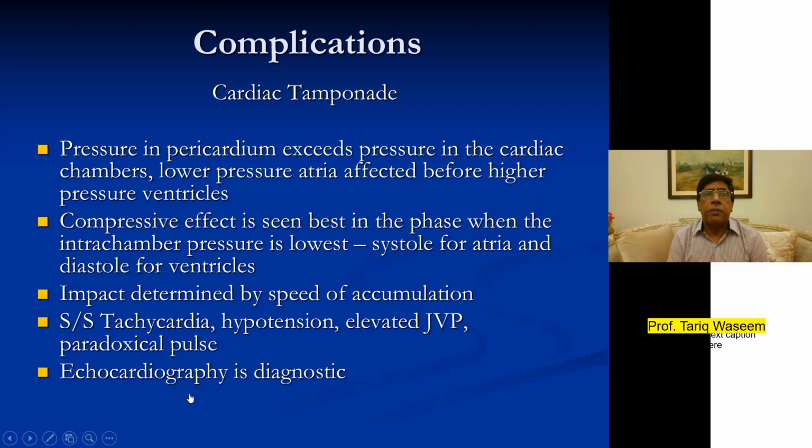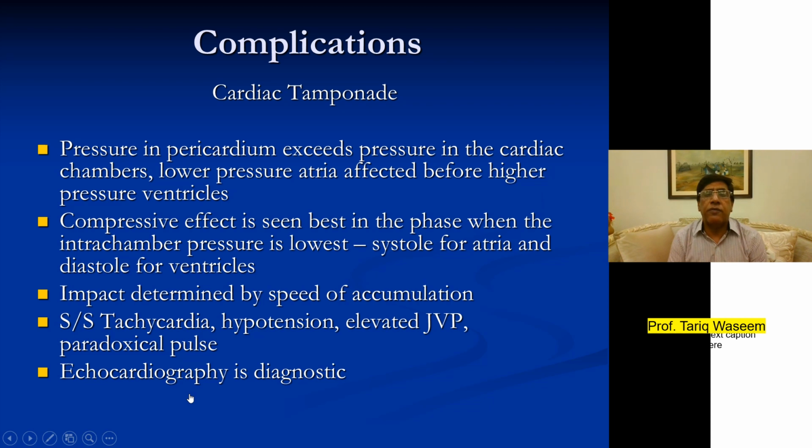And particularly this pressure is more marked onto the atria, because atria are low pressure chambers. So this pressure in the pericardium, which puts further pressure onto the atria, would lead to less filling of the atria, and similarly less filling of the ventricle.